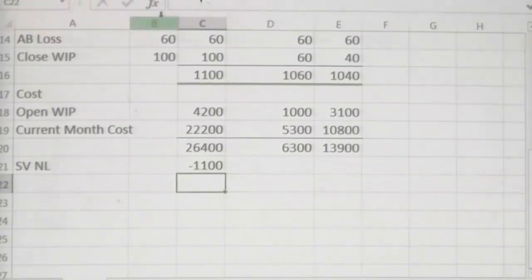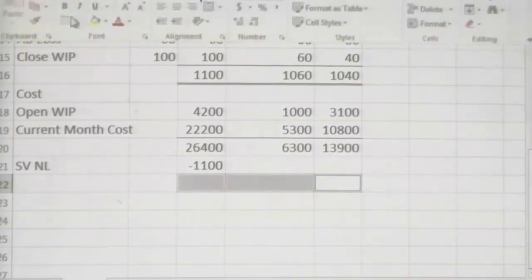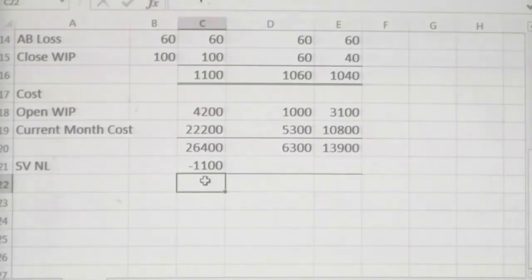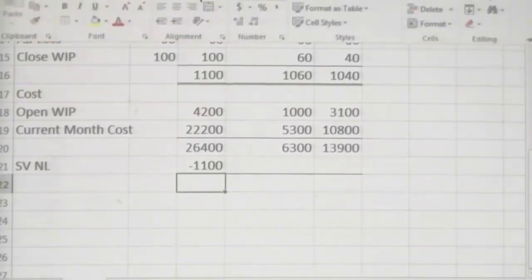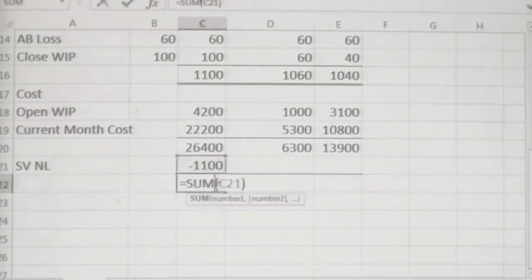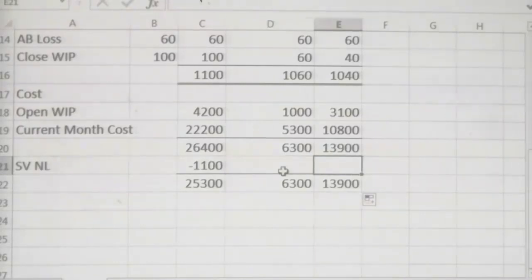Now, you can calculate again the net value of each cost category, right? Here it will be 25,300, and other two cost categories remain as it is, since no deduction, since labor and other conversion cost.